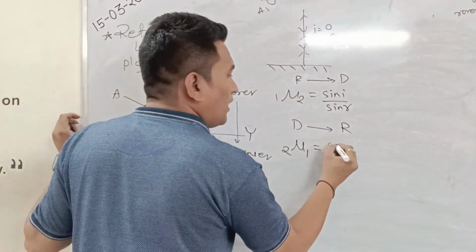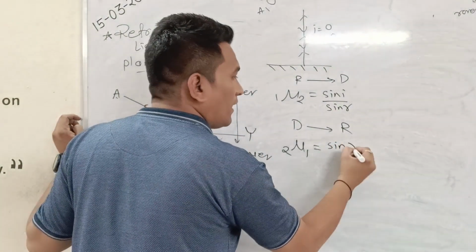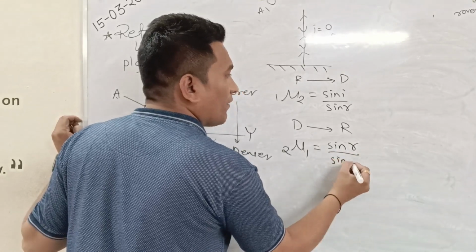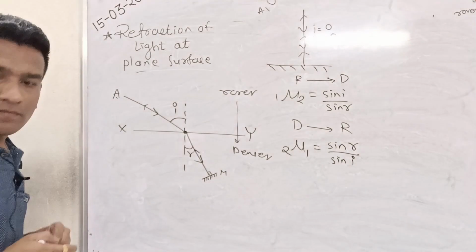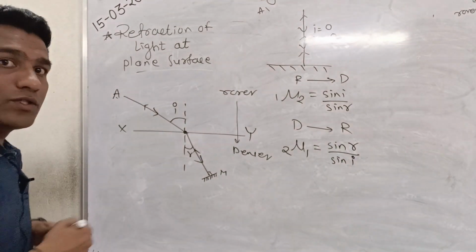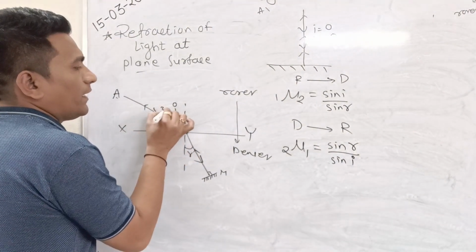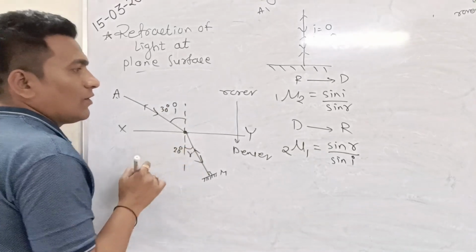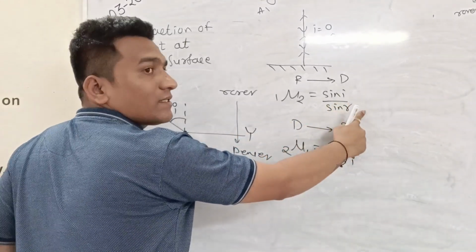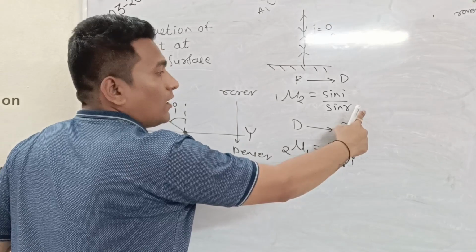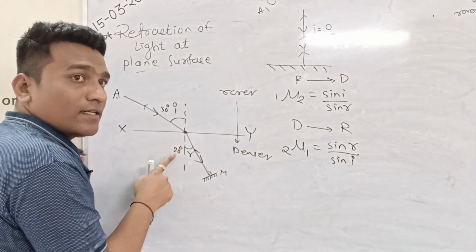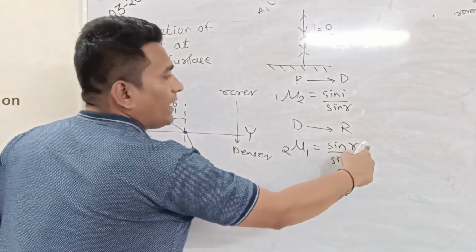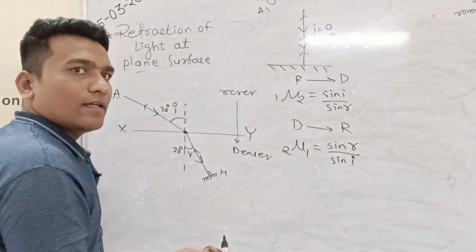As per the formula, the angle of incidence here is r and the angle of refraction is i. Understood? If we take the example 30 degree, 20 degree, I will write sin 30 upon sin 20, correct? Now when the light ray is traveling from denser to rarer, the angle of incidence is 20, so I will write sin 20 upon sin 30.